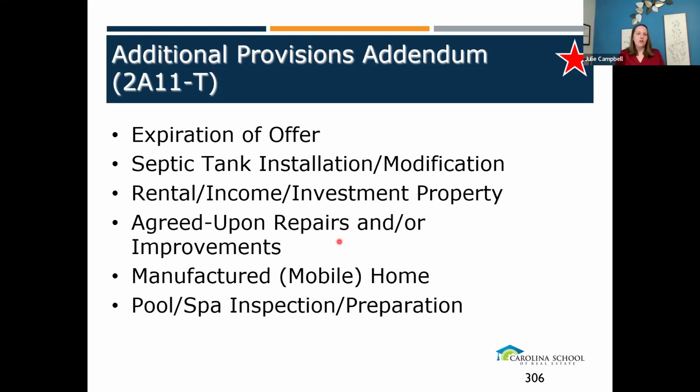The offeror can put an expiration date on their offer. They can say this offer is good until Wednesday at 5 p.m., and if I don't have a response by then, the offer is done, it's dead. So if you want to put an expiration on your offer, the additional provisions addendum covers that.